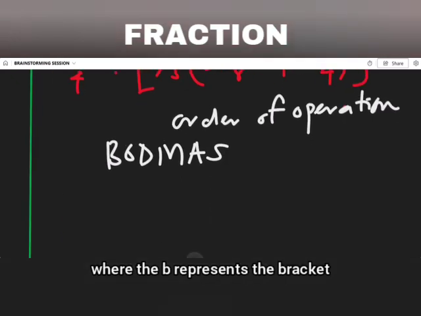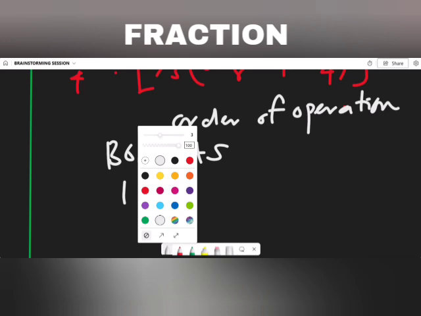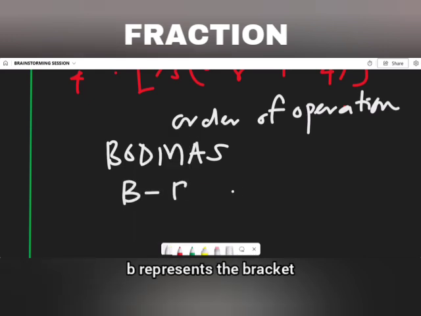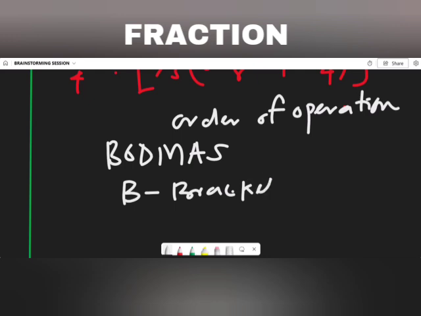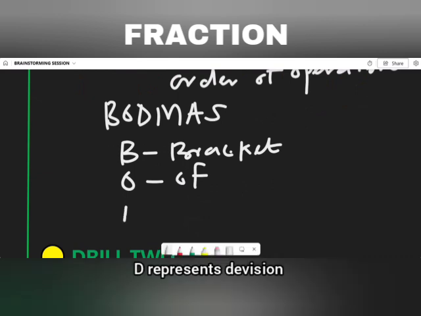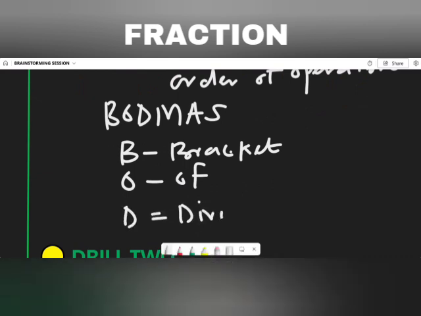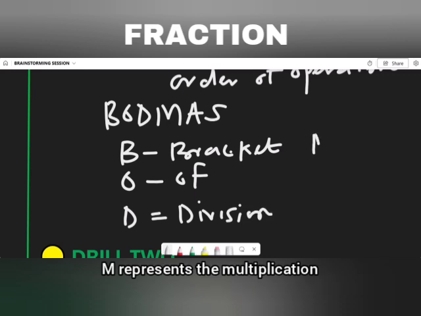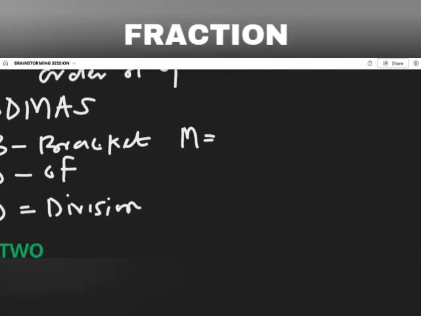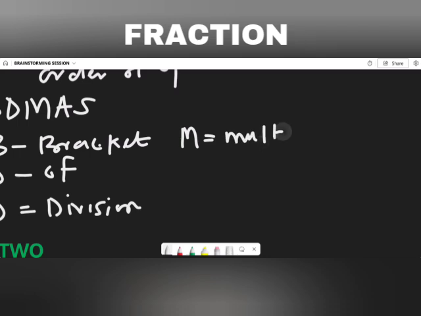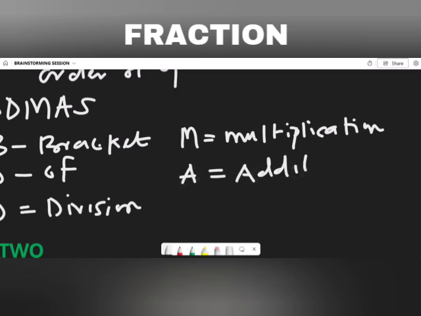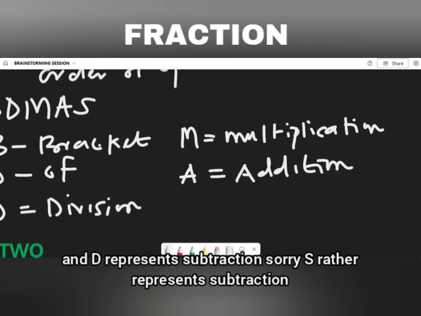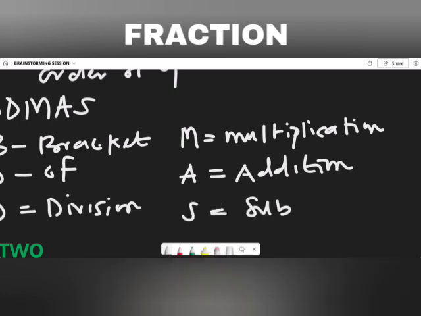Where the B represents the bracket, O represents the of, D represents division, M represents multiplication, A represents addition, then S represents subtraction.